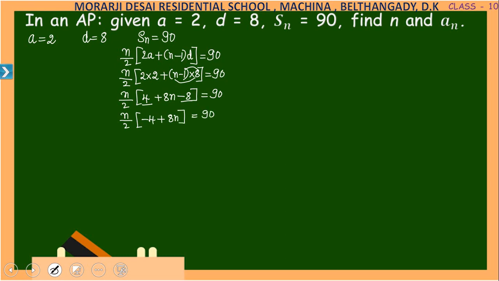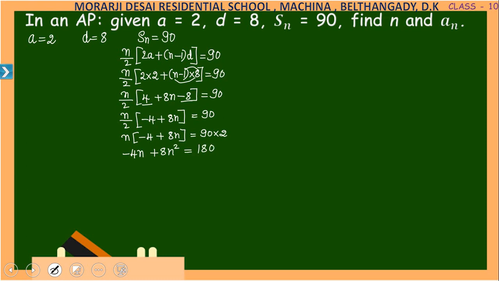We can take 2 to the right hand side, so that n into minus 4 plus 8n is equal to 90 into 2. That is n into minus 4 is minus 4n, n into 8n is 8n square is equal to 90 into 2 is 180.